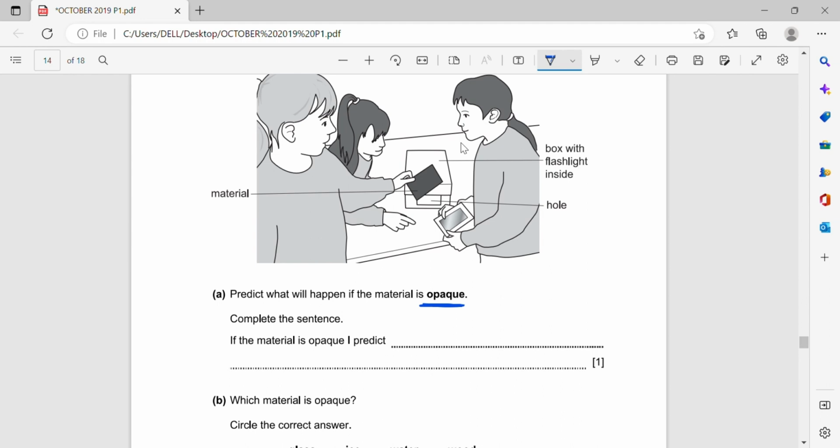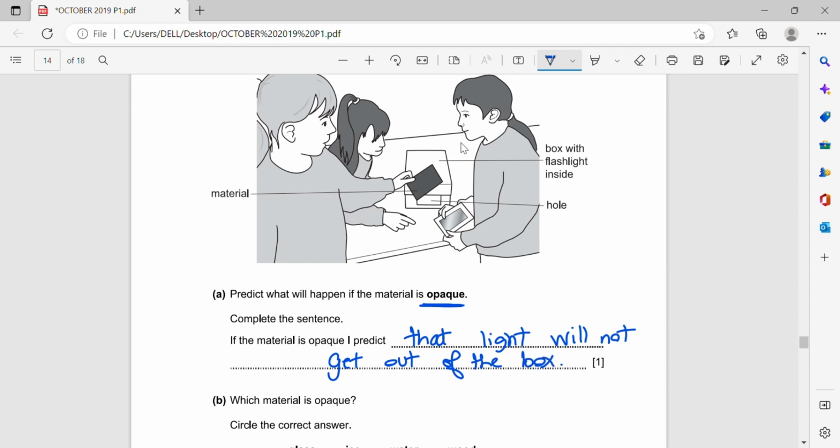So if the material is opaque, I predict that light will not get out of the box, because opaque doesn't let light pass through.